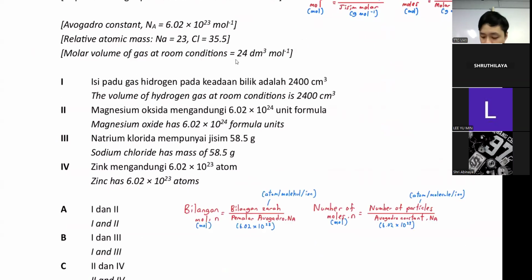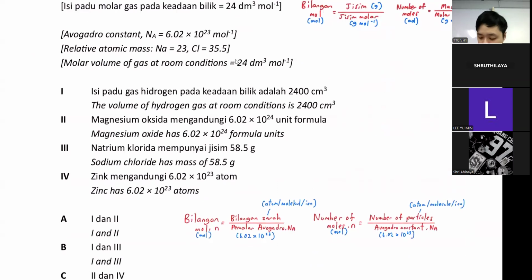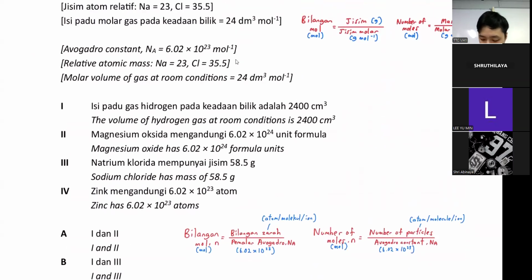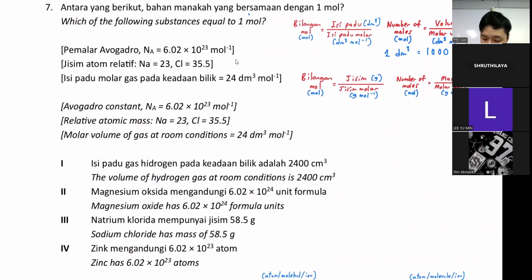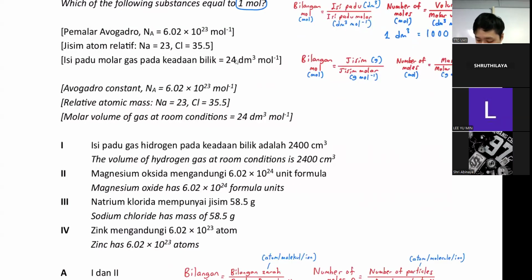Let's check. Is the first sentence correct? So they tell you 1 mole. So let's say number of mole equals volume over molar volume.